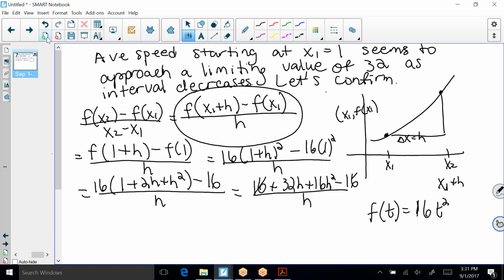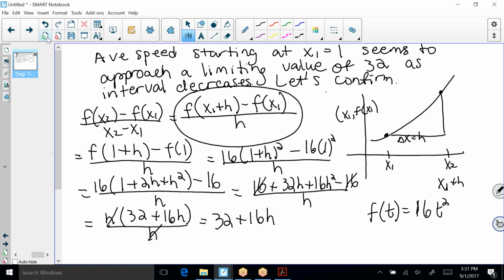We have 16 minus 16 in the numerator. And then all of the rest of the terms have an h in them, so we can factor an h out of the numerator. And we get h times 32 plus 16h, and we're going to divide that by h. And the h's cancel. And we have 32 plus 16h.